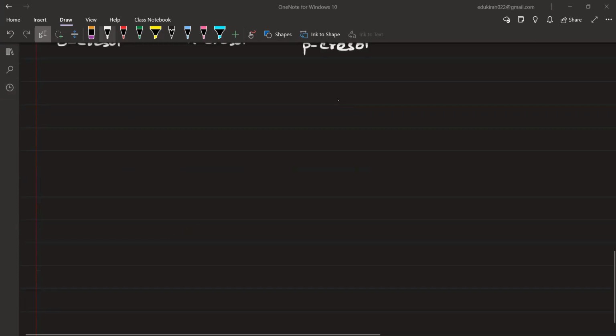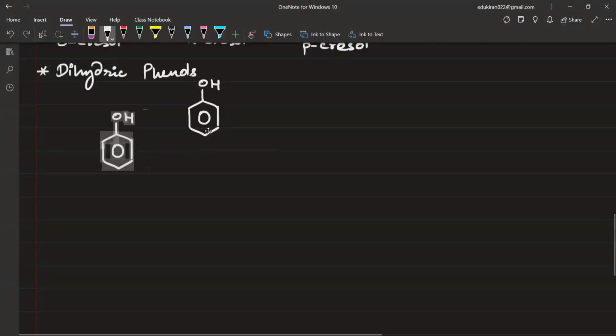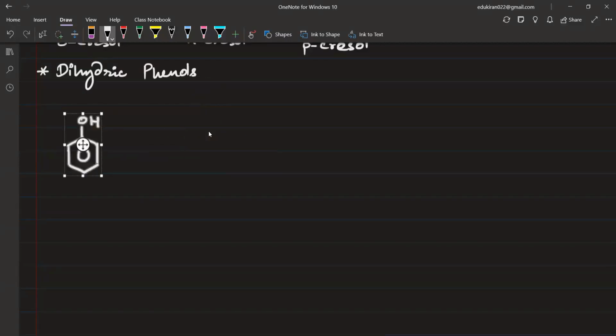Then next, we will see some dihydric phenols. Now here also, when you have dihydric phenols, they can be in three different positions, right? In ortho, meta, or para.